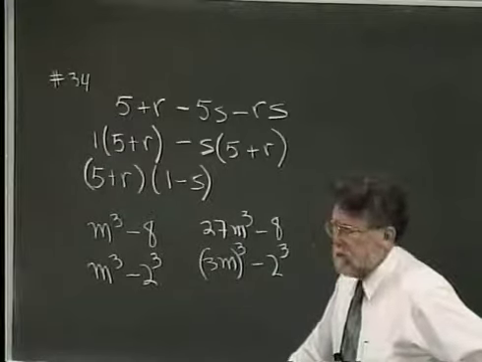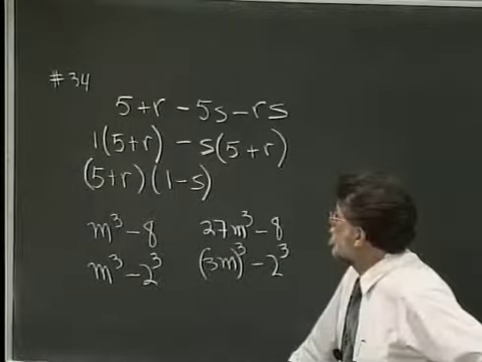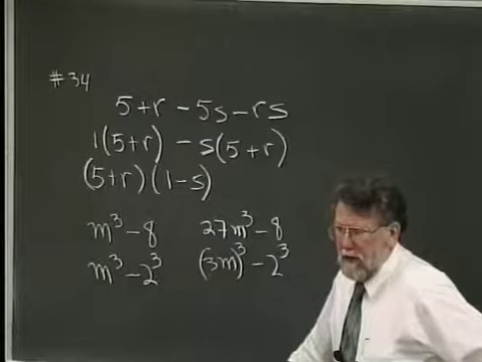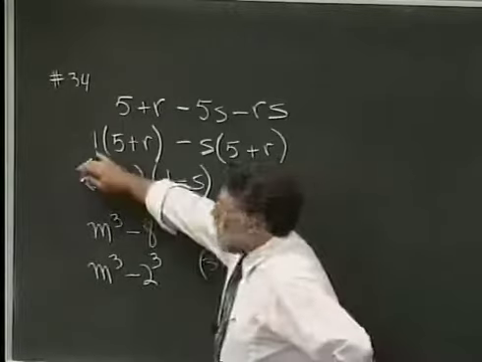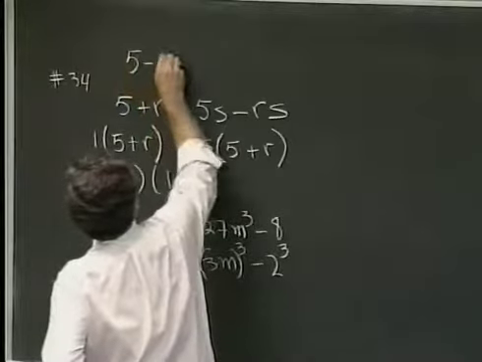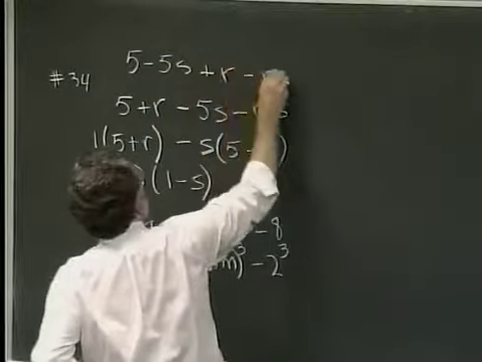Yes? Not a question, but on that one I rearranged to 5 minus 5s plus r minus rs. It can be rearranged. And I could see if you didn't happen to note the 1 as a concept there, you could have said it was just 5 minus 5s plus r minus rs.